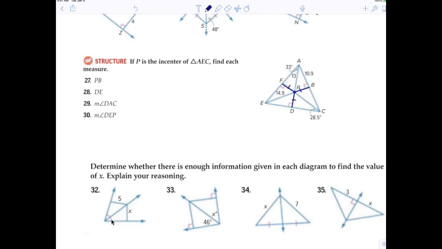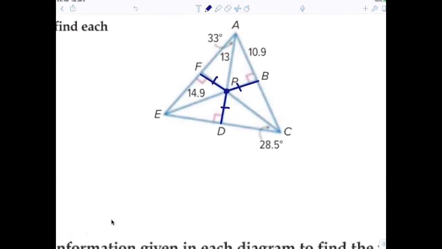So now I need to find PB. We're trying to find out this guy right here, right? And I'm assuming that this length is 13, right? So then PB would just be a squared plus b squared equals c squared.